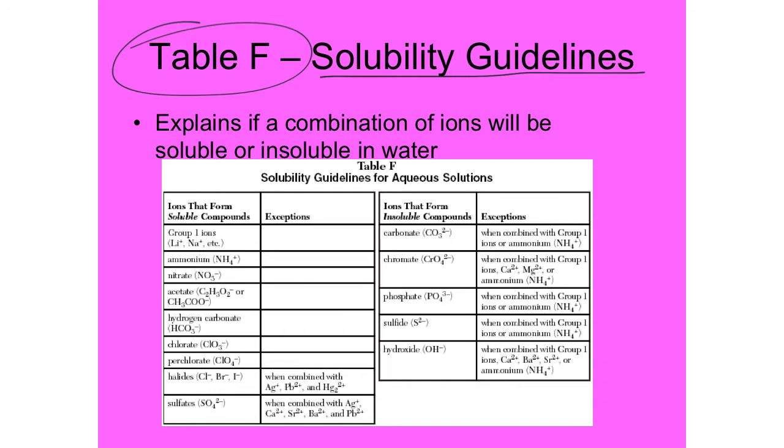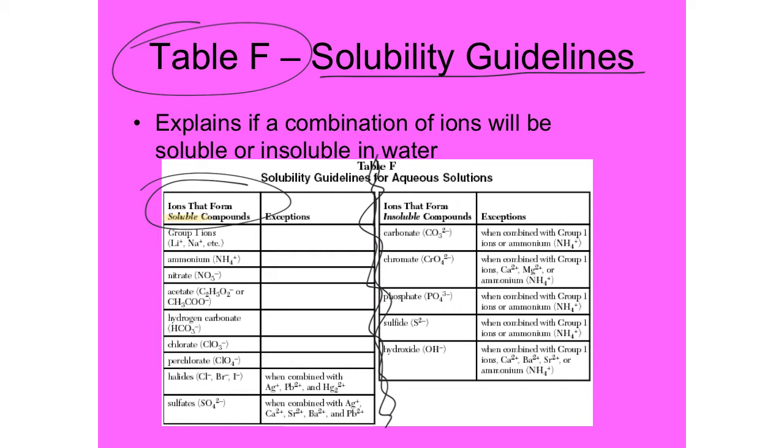So first off, how we read table F. This side over here, my left-hand side, is substances that are soluble, except if they're listed over here. So for example, if it has a group 1 ion, it will always be soluble.